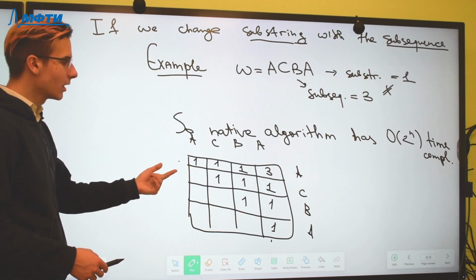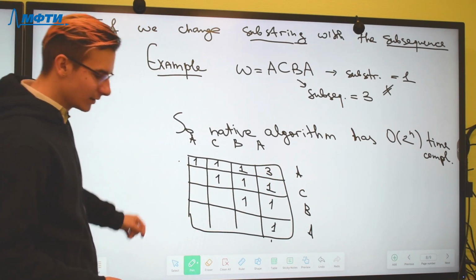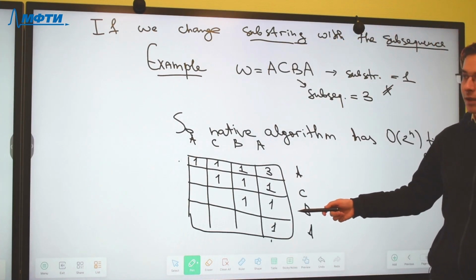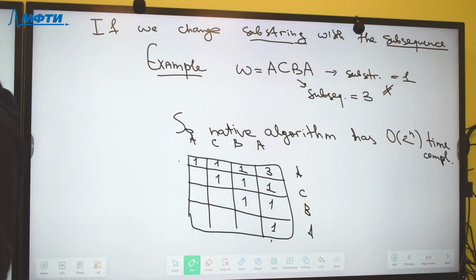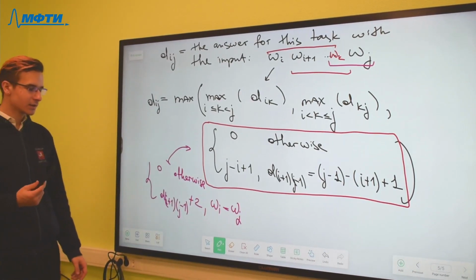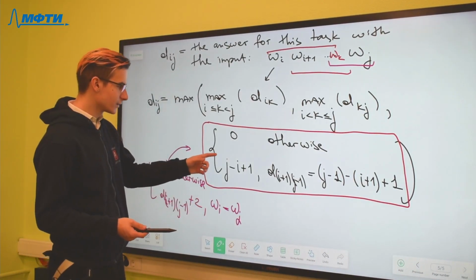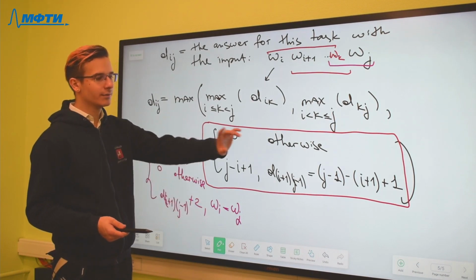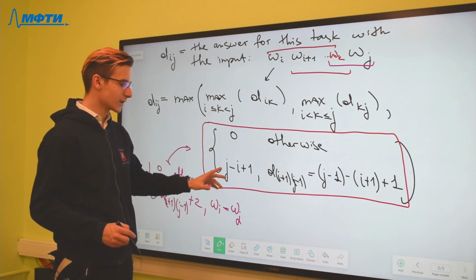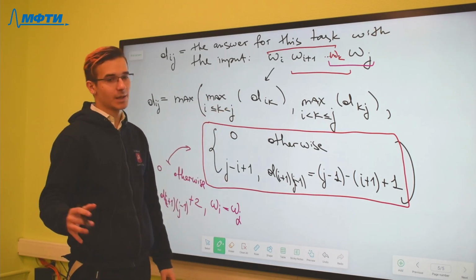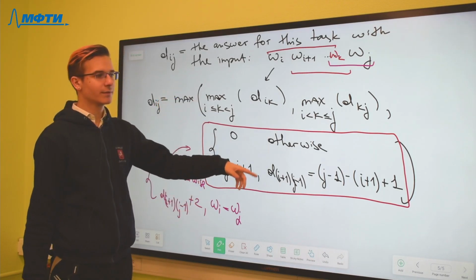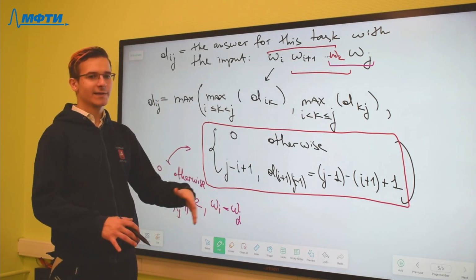And as you see, we change nothing in the algorithm, but we change the recursive formula. And it's interesting that if we use dynamic programming, we can change the input data, for example, substring with subsequence, and we can change the recursive formula with another recursive formula and change nothing in the program.